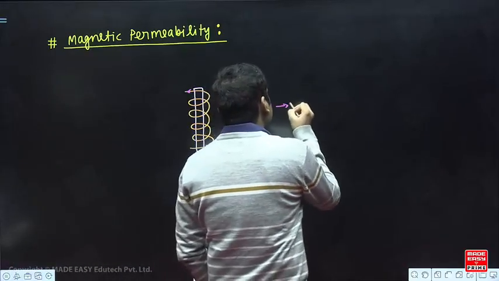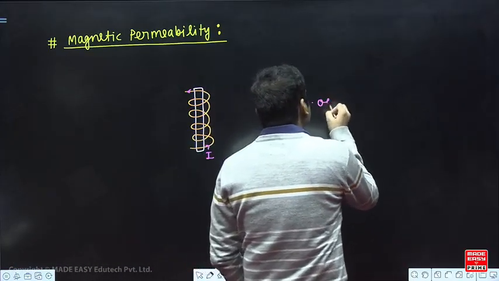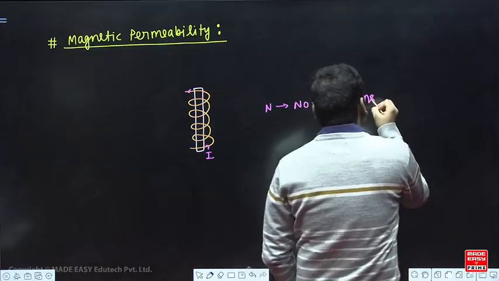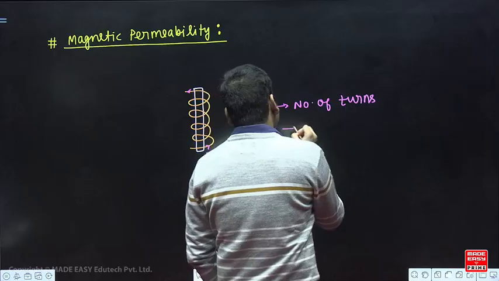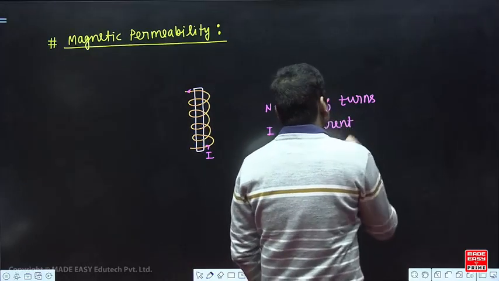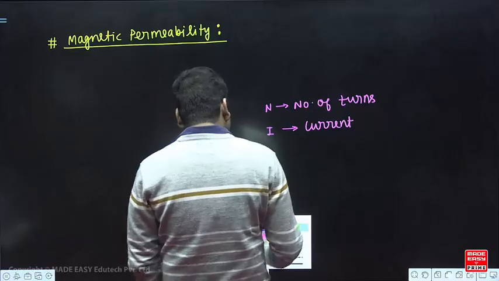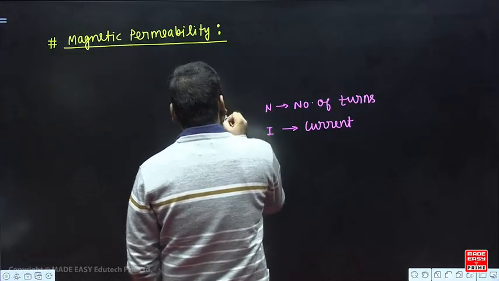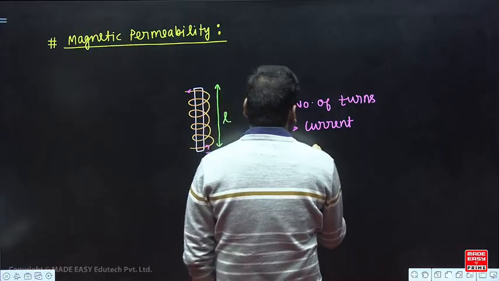N is number of turns, and I is the current flowing. L is the length of this structure.